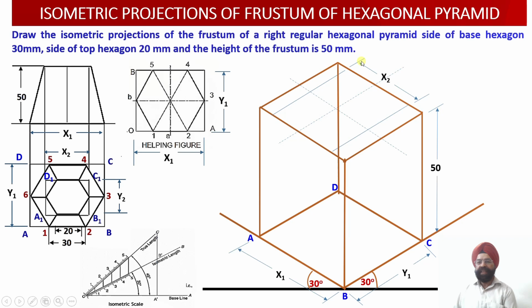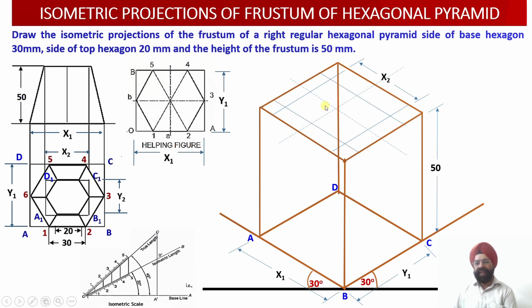So please check, this is my dimension x2. Okay, so this was x1 over here, this dimension will be x2. So we have marked this dimension in such a way that using this center line, there will be an offset of x2 divided by 2 on the left side and x2 divided by 2 on the right side.